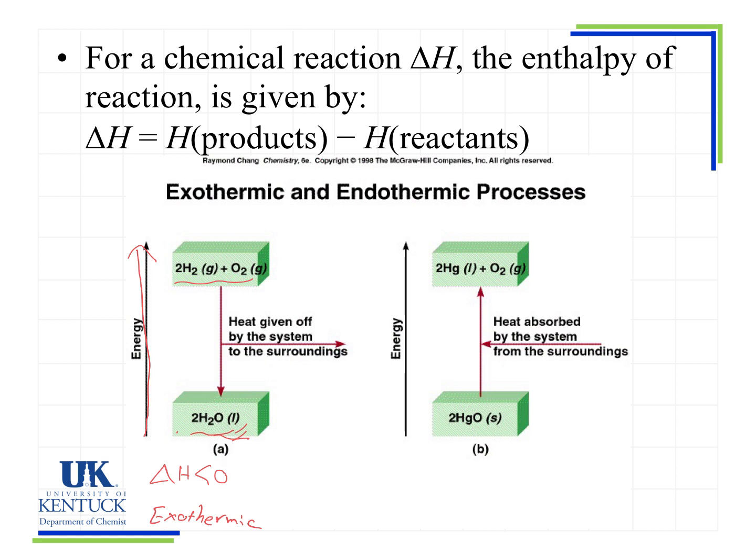But in some reactions, we absorb heat from the surroundings to do the reaction. For example, in reaction B, heat is absorbed by the system, and the system is the reaction, right? It absorbs heat from the surroundings, and then it makes these products.